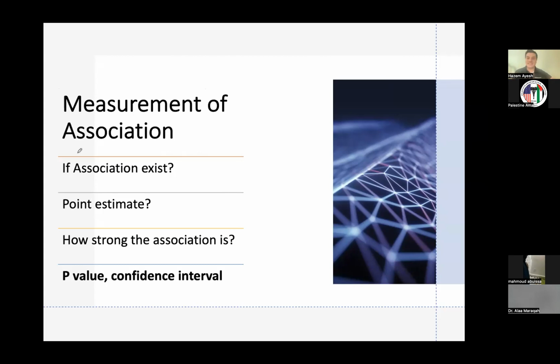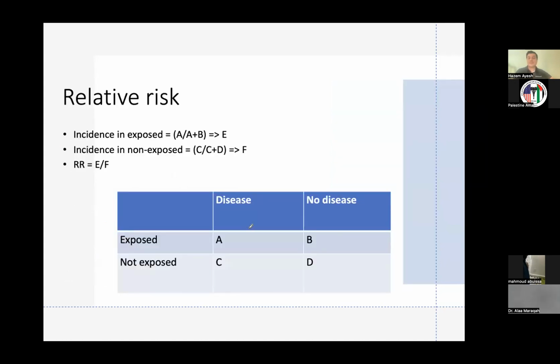Most likely you will not see anything else. Those 3 cover probably 99% of the literature that you're going to use in the meta-analysis. So first, you want to get the point estimate, then you want to know how strong the association is. Let's start with the most interesting and the most common, the relative risk.